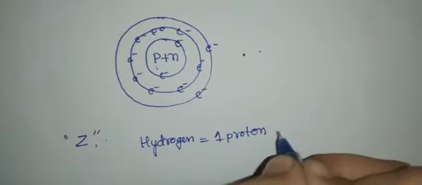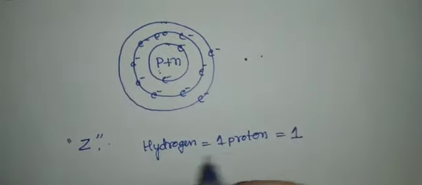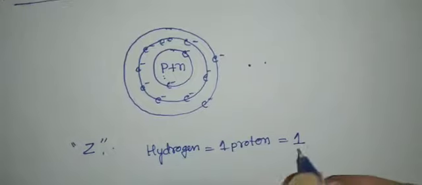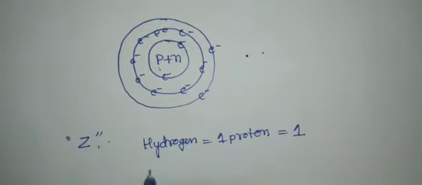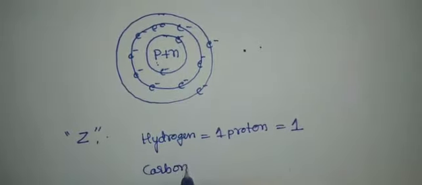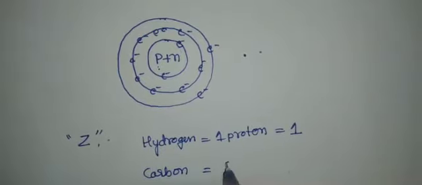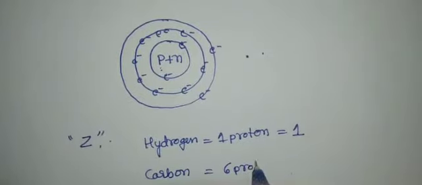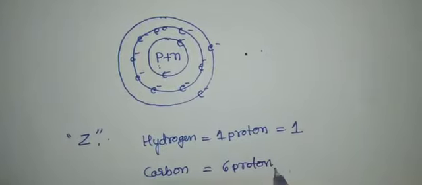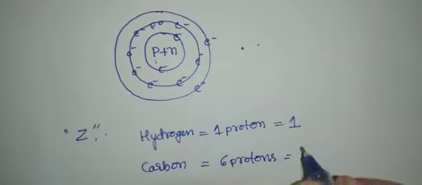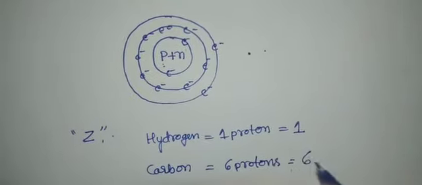So the atomic number of hydrogen is 1. If you take carbon, carbon contains 6 protons. Then the atomic number of carbon is 6.